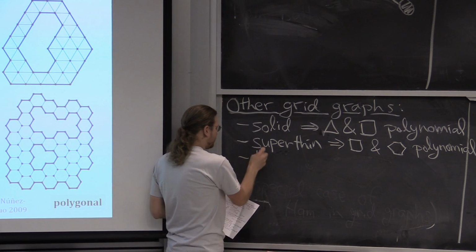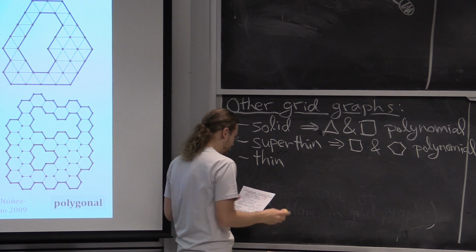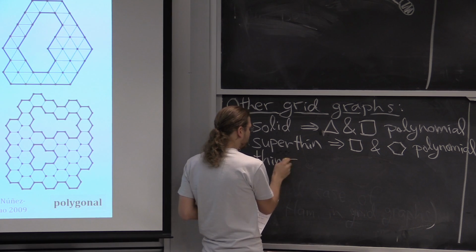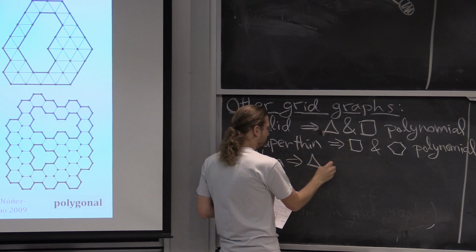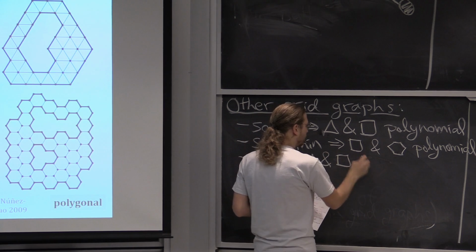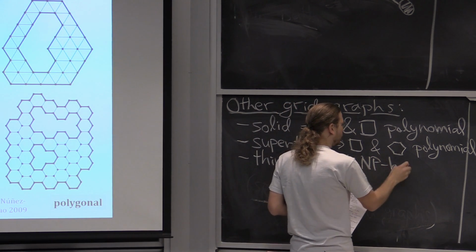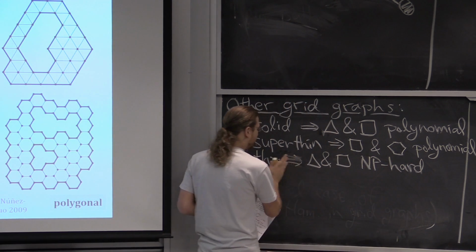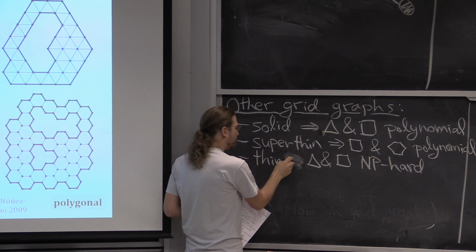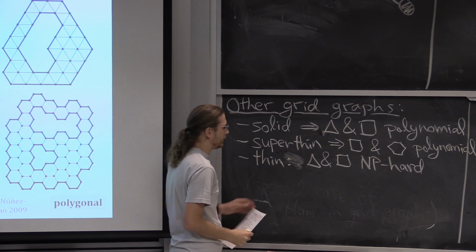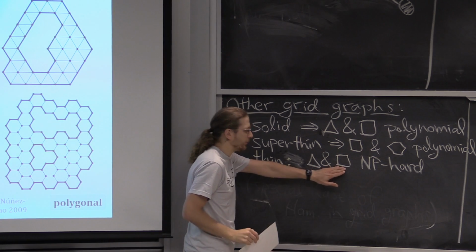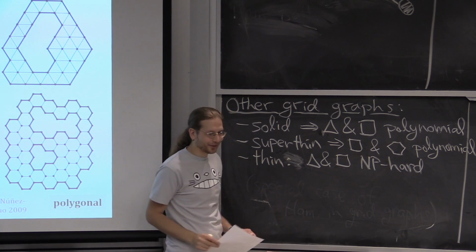All right, next case is called thin. In the thin case, both the triangle and the square problems are NP-hard, hexes are open.